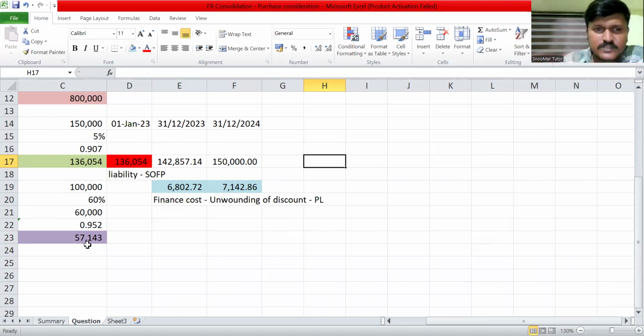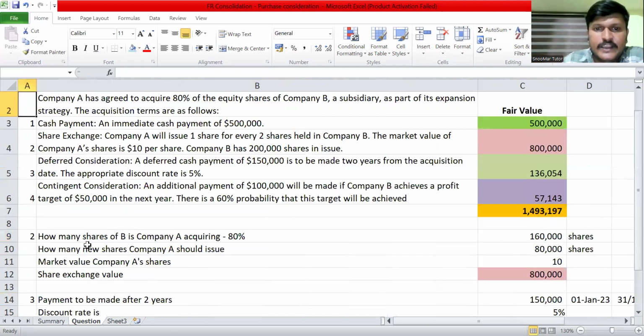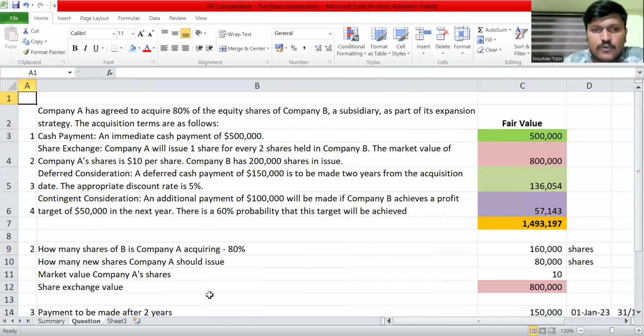Okay, so this is relating to your purchase consideration part. I hope you have understood how to calculate each of these components. Once again, summarizing, for working number 3 of the consolidation, we'll be having a purchase consideration, or the fair value of the parent's holding.